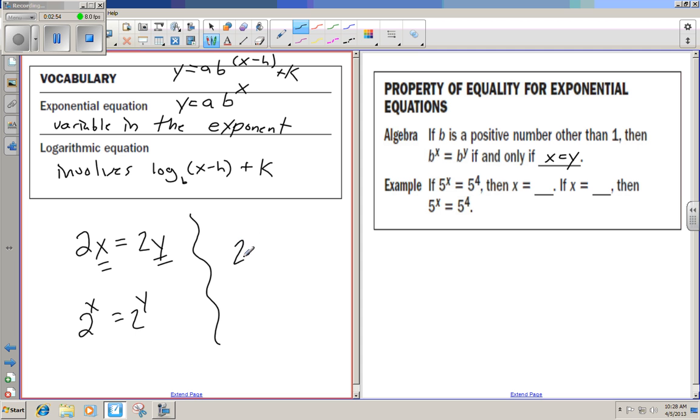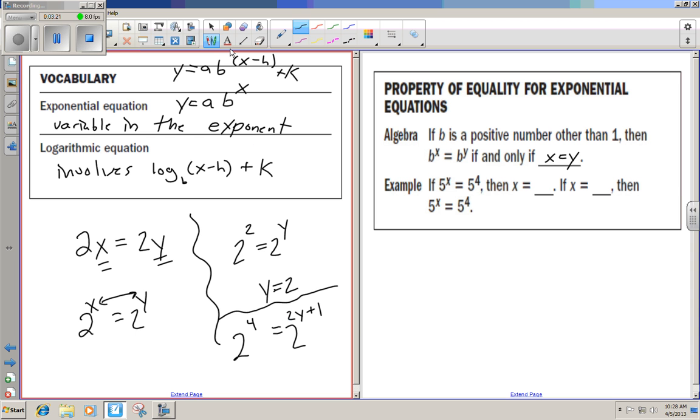If you have 2 squared equals 2 to the y, then logically, since x equals y, here y has to equal 2. It can get a little more complicated, like 2 to the 4th power equals 2 to the 2y plus 1.